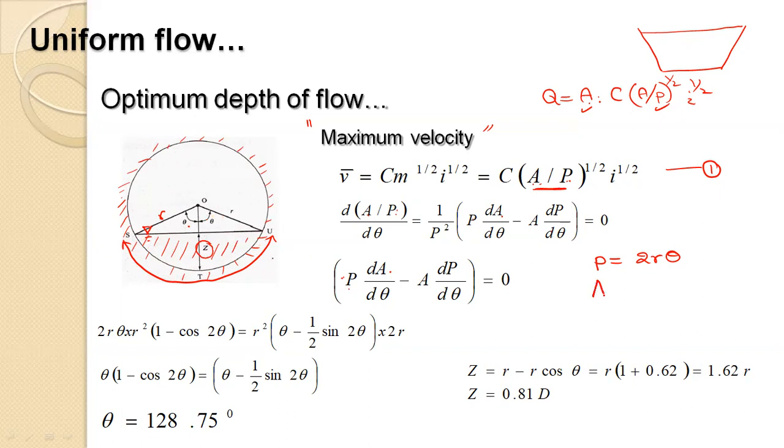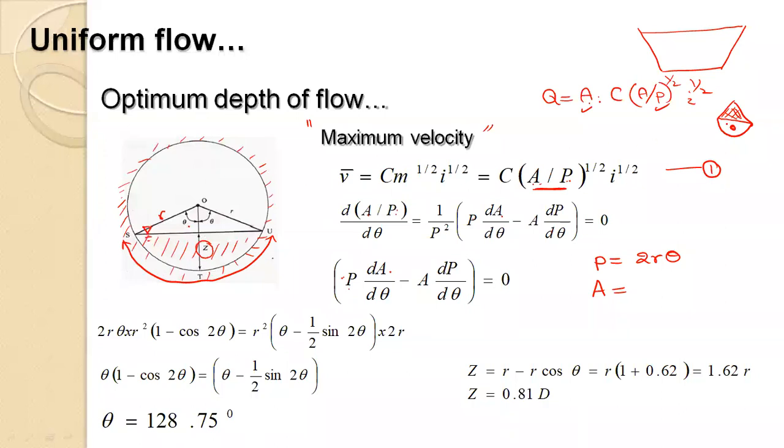And what is the cross-sectional area? What you need to do is take this cake-shaped segment, and then subtract this triangular-shaped segment from the big section.